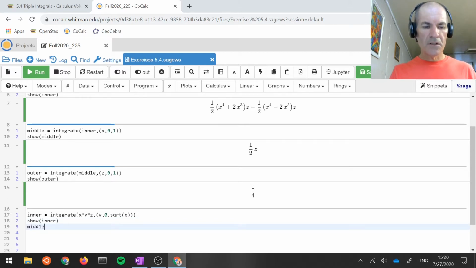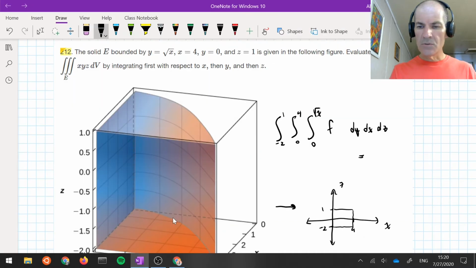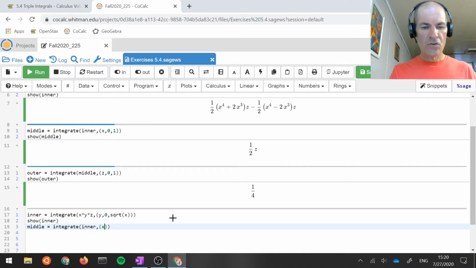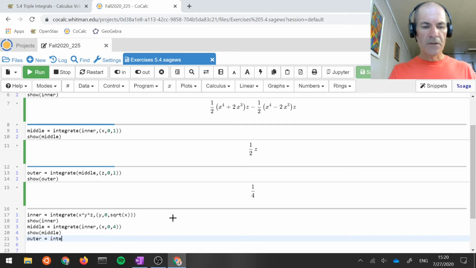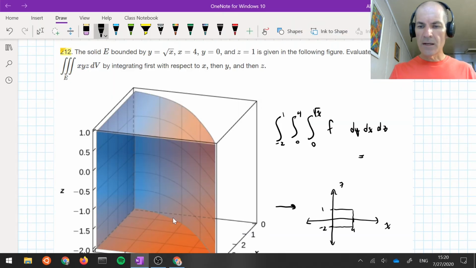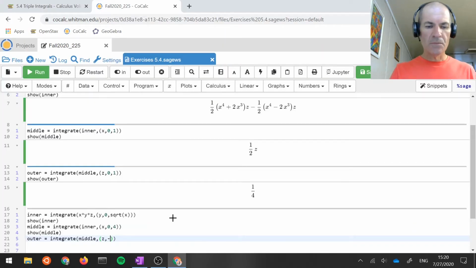The middle integral is the inner integral with respect to x from 0 to 4. And let's show the middle. And finally, the outer integral will integrate the middle integral with respect to z, and that goes from -2 to 2.